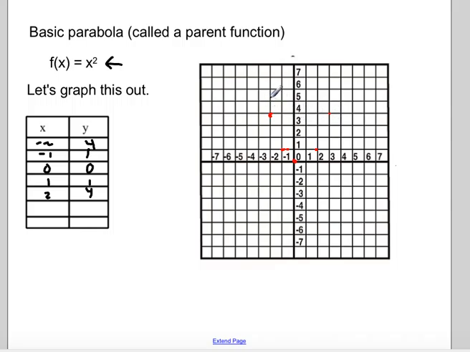So then once I have my points on there, all right, I think I'm going to try that again.